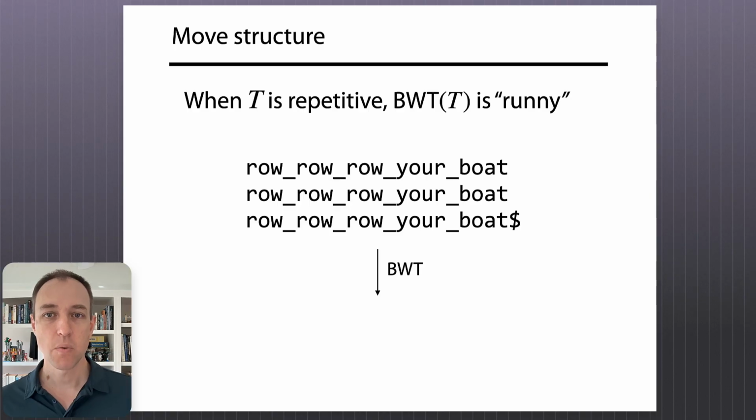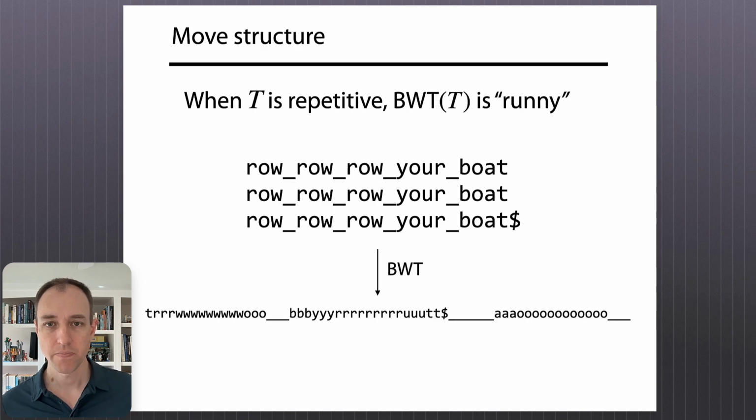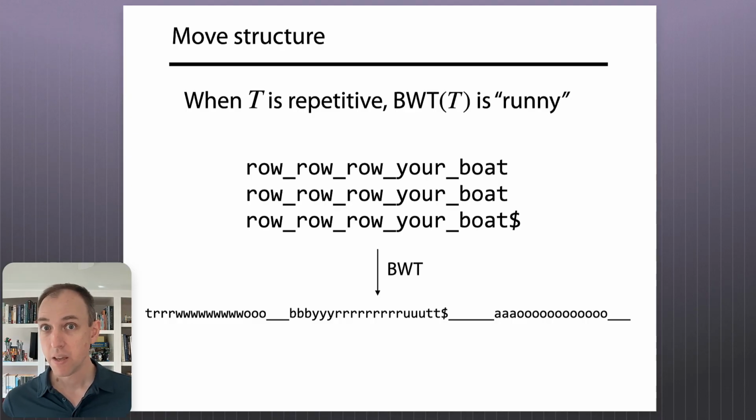When our text is repetitive, then the Burrows-Wheeler transform of the text tends to consist of long equal-letter runs, like my row your boat example. I've been using this as a running example, and I'll continue to do that in this lecture. As you can see, after the Burrows-Wheeler transform, we tend to have these stretches of all these W's in a row, all these R's in a row, all these O's in a row, all these spaces in a row. That's a feature that we know the BWT has, and that's useful for compression, and it's useful for compressed indexing. We've already seen this.